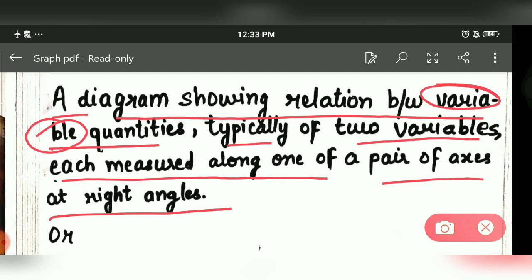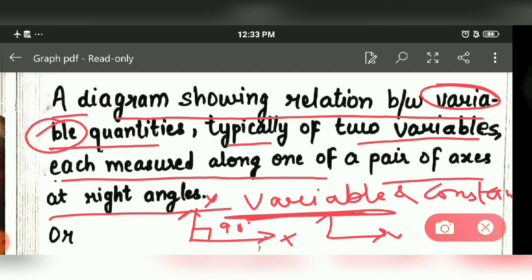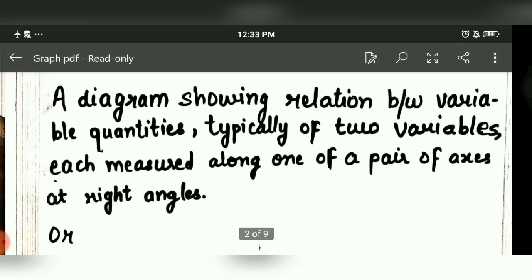And further, I will clear you what is the meaning of variable and what is the meaning of constant quantity. And to measure those two variables, we take a pair of axes at right angle to each other, say x-axis and y-axis, at 90 degree. So we have to take two axes over here.